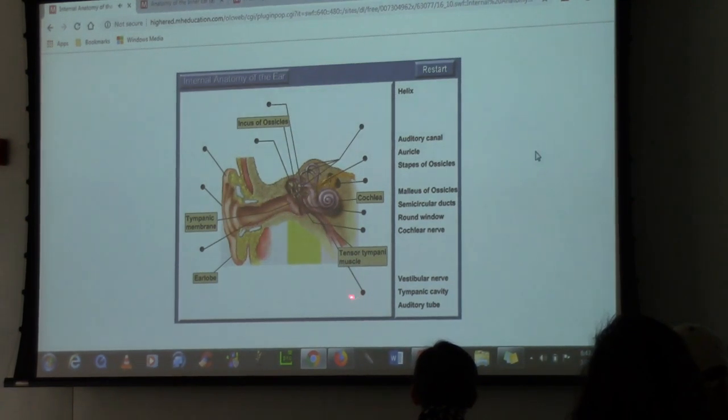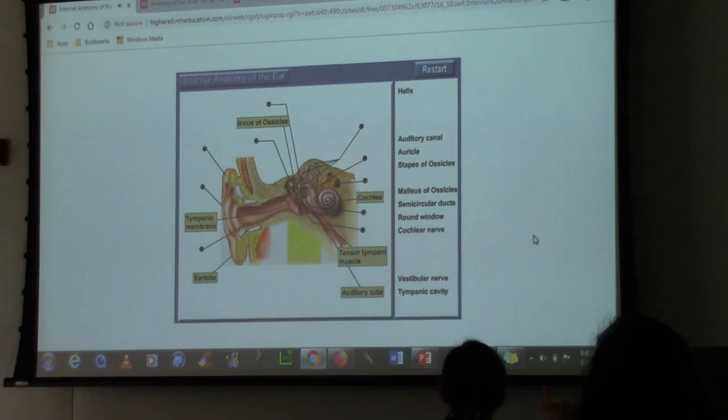How about here? Auditory canal. I'm not sure. This one here? I don't think so. Nope, that's the auditory tube. Okay? One more chance. You don't have to do auditory canal. You can pick something else. Try the auricle. Okay, auricle?